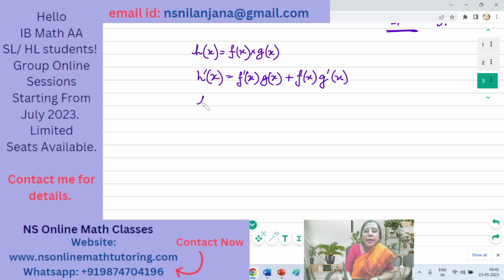And now coming to the second derivative. The second derivative, we are having two terms and we will be using the product rule for each of them.